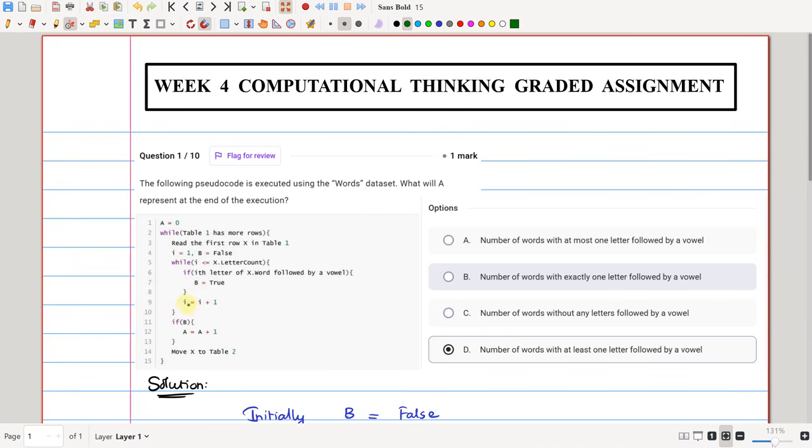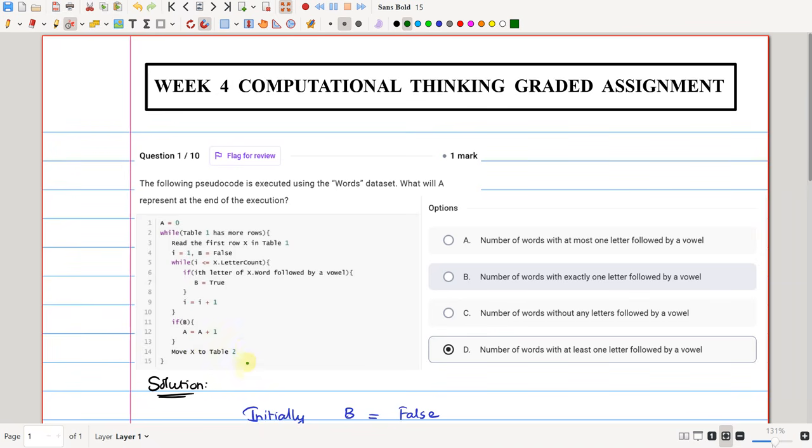Then I is equal to I plus 1. After doing this if part, you are incrementing I and the while loop is closed. After the while loop, if B is true, then A is equal to A plus 1. So this if condition is also closed, then you have to move to the table 2.